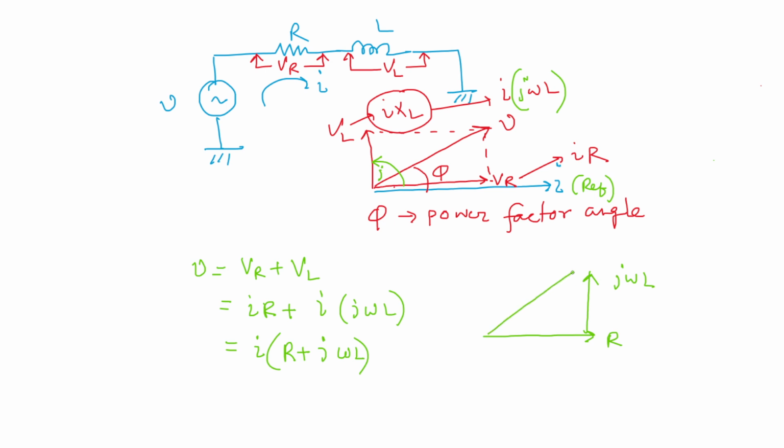The phasor summation of these two is represented by Z, where Z is equal to R plus J omega L. It is called the impedance of the series RL circuit.